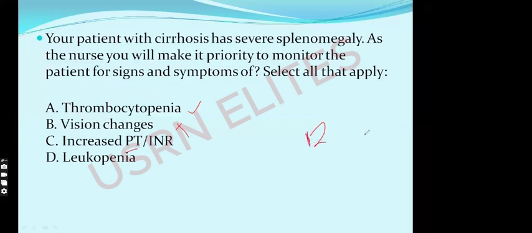And if your blood is clotting at let's say 18 or 20 thereabout, this is an increased PT. It means you are delaying to clot. That's what it means. So would that happen in someone with cirrhosis? Yes. Okay. What about leukopenia? Leukopenia, would that also happen?